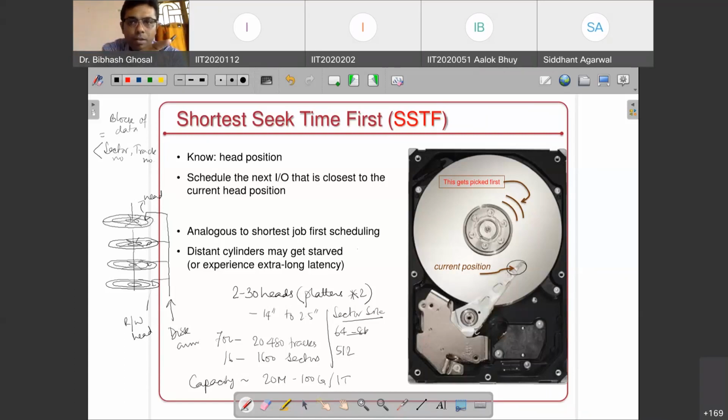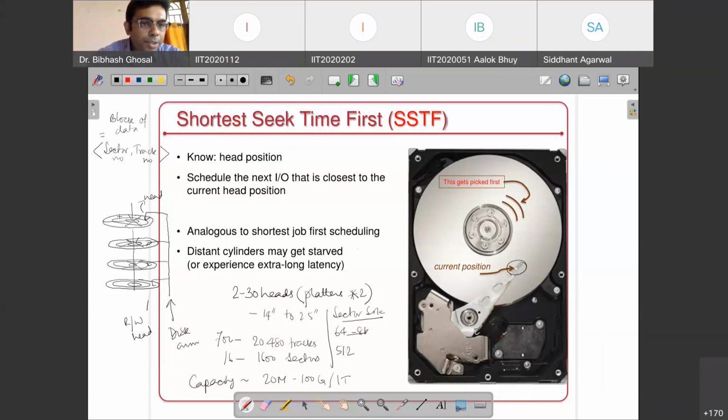As the platter rotates, the sectors keep changing. So to mention a block of data, you require the sector number and the track number. This is a tuple, 2 things you need to tell.